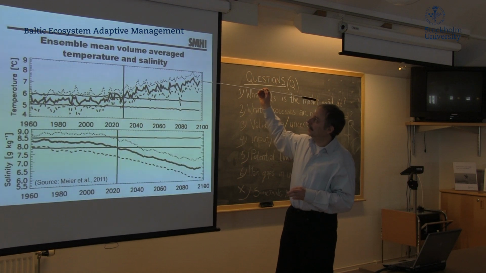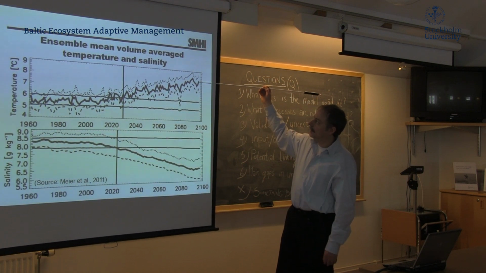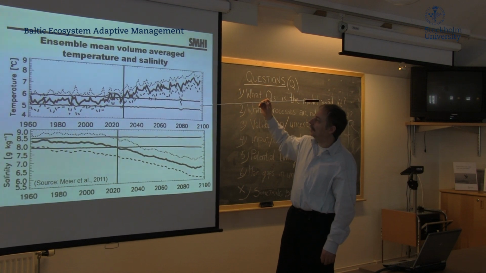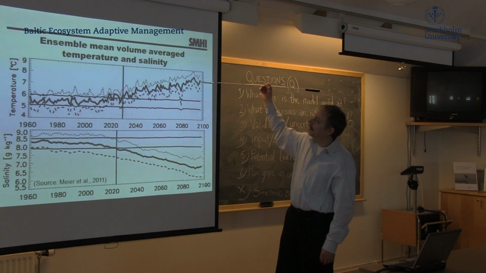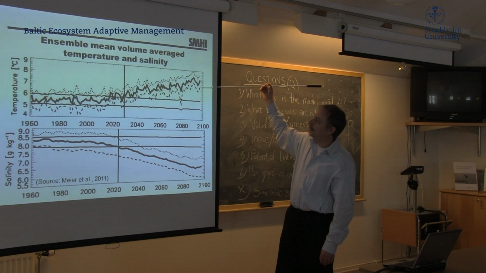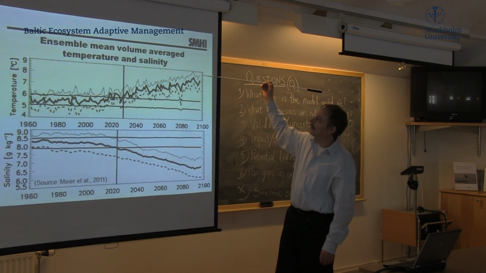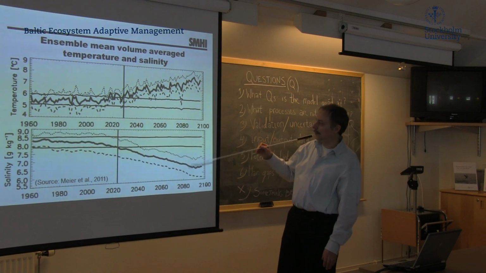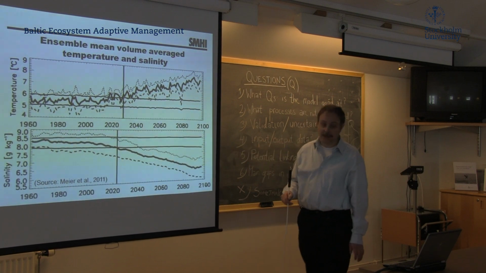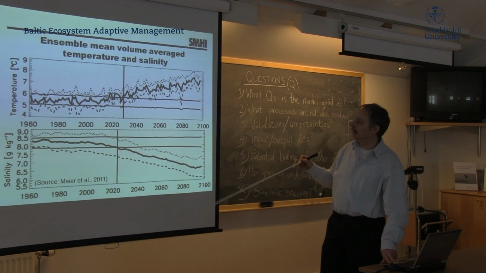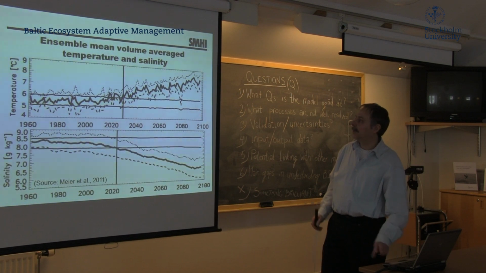So you can say, okay, at the end of the century, this ensemble projects an increase from, say, 5-6 degrees in the volume average to 8, but there is a range of uncertainty of at least ±1 degree, if not even larger, and the same for salinity, so salinity is going down. That was the purpose to do this kind of plotting here, that we have used so many runs.